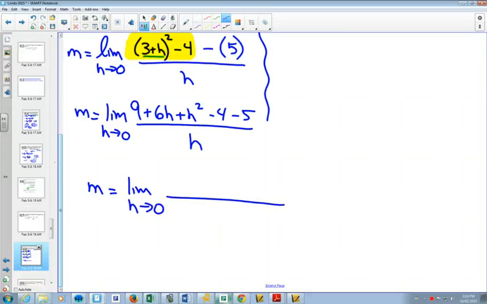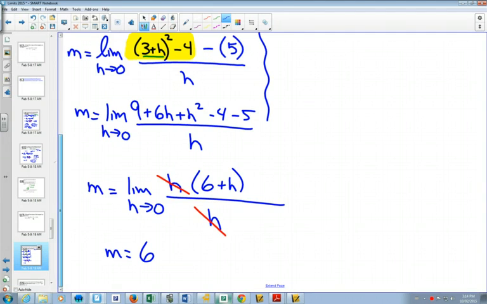On the top, you can factor out an h. Those h's cancel out. And now we can finally apply the limit. So now is the first time that you don't have to write that little limit thing. Plug in 0, and you get a slope of 6.